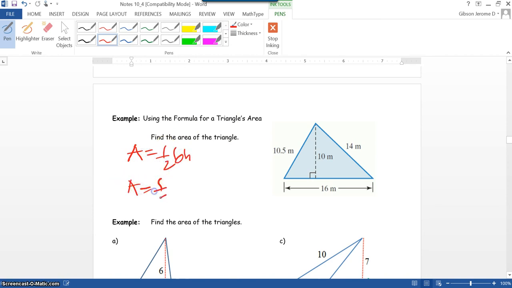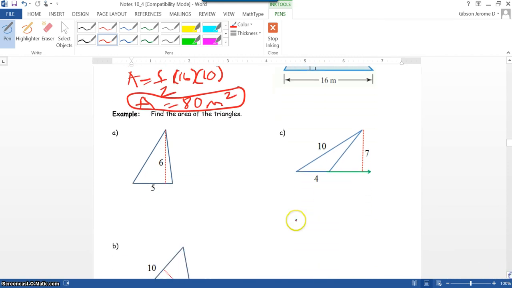The area is equal to 1/2. The base here is 16. And the height we know is 10. So now, when we multiply all this together, this will give us 80 square meters. And that is our final answer.